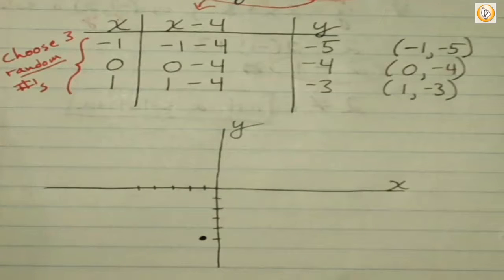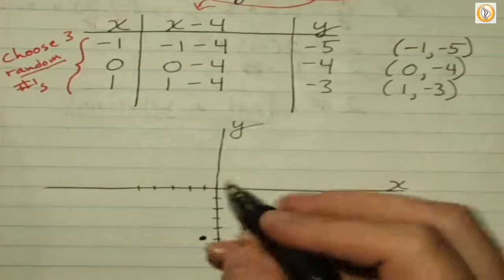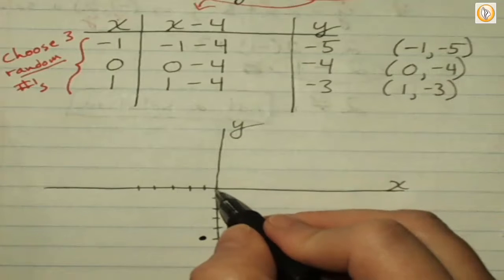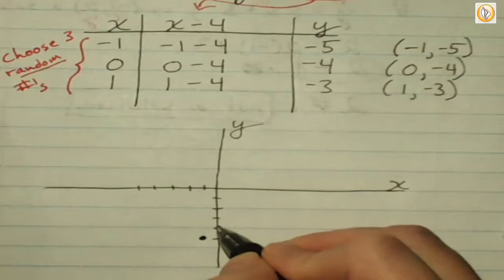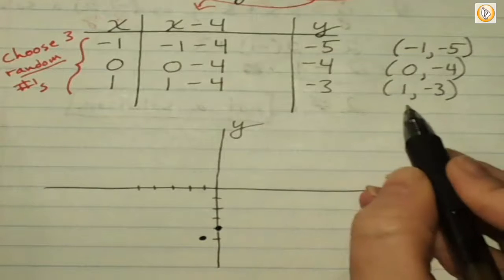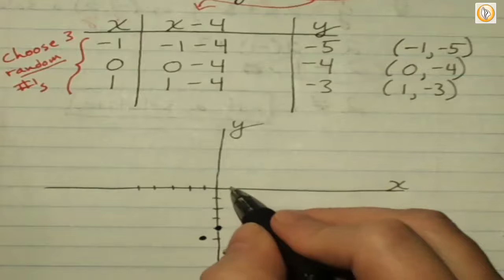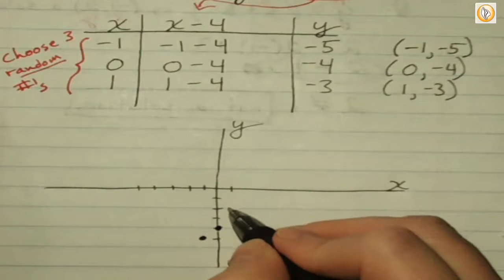Does everyone see that? Hopefully by now y'all are getting used to plotting these ordered pairs. Then my next one is 0, -4. So if x is 0, my y is -4. And then my last one is 1 and -3. So here's 1, 1, 2, 3.